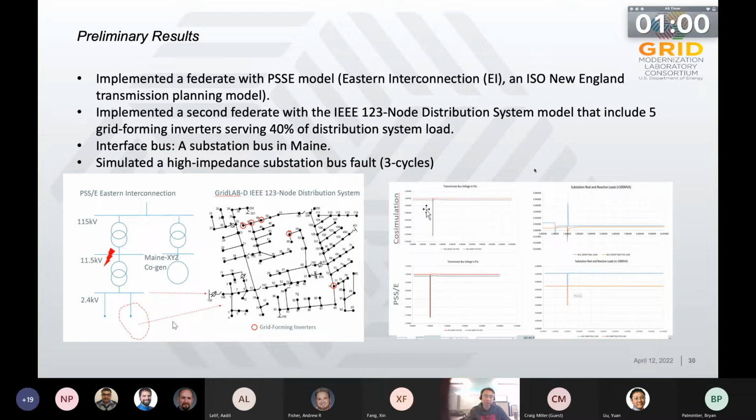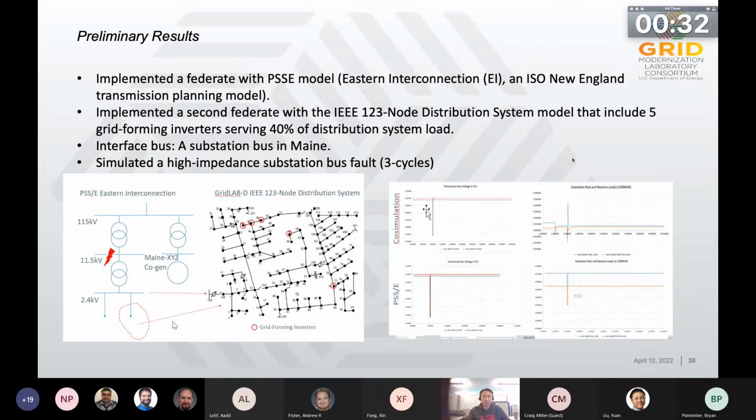We replaced the IEEE 39 bus, and in this case we also used the IEEE 123 node distribution system with 5 grid-forming inverters that serve about 40% of the distribution system load. This is work Wei did at PNNL, and he provided us with some really good converter models to test with.